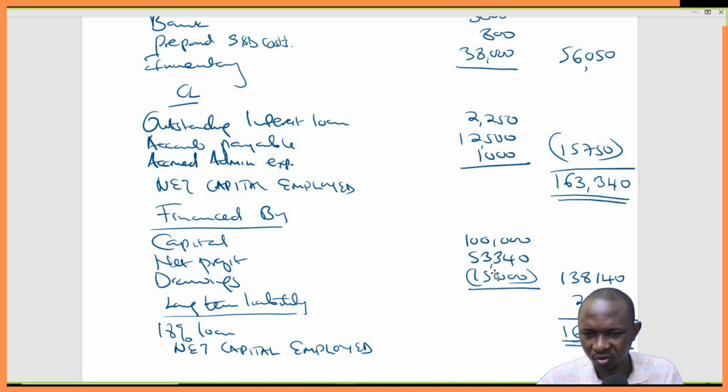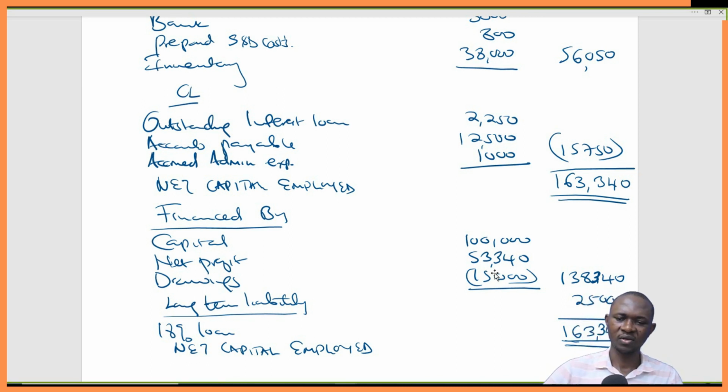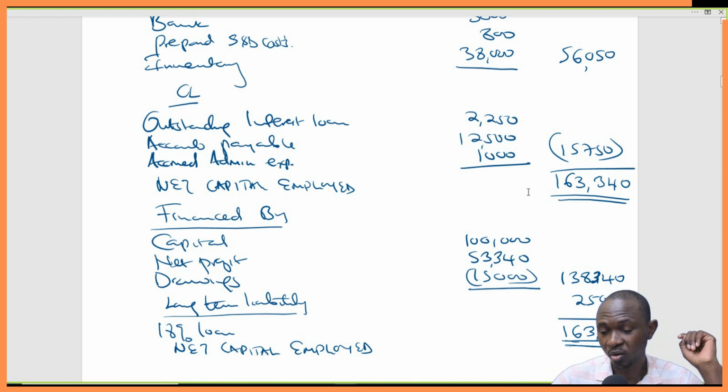What is the lesson there? Make sure you capture the figures correctly. So if this is 53,340, this one will also be 3, not 1. Please check your figures, let them be correct.